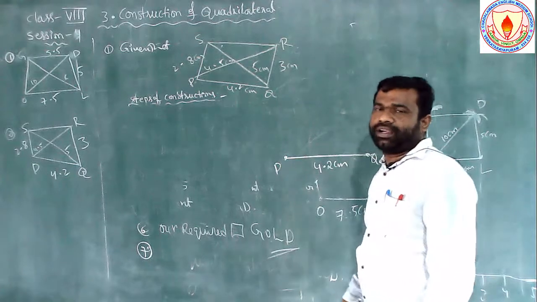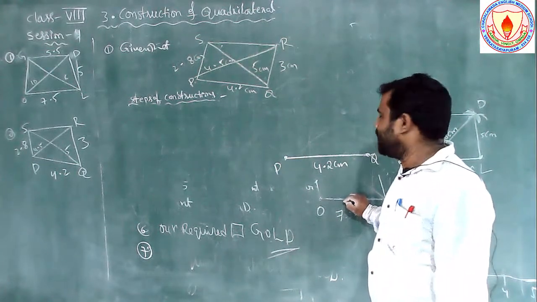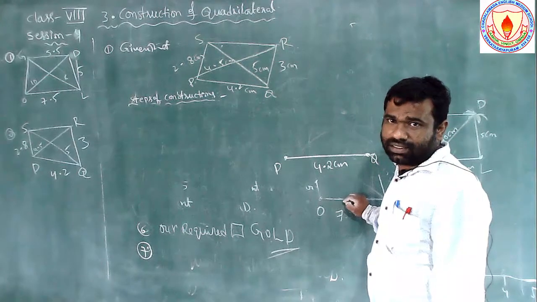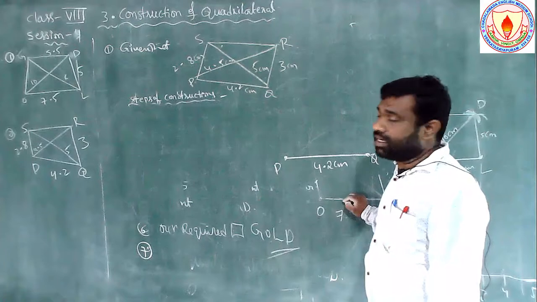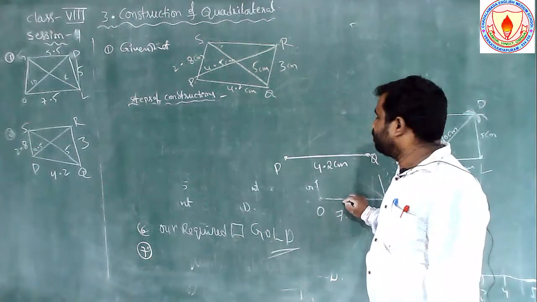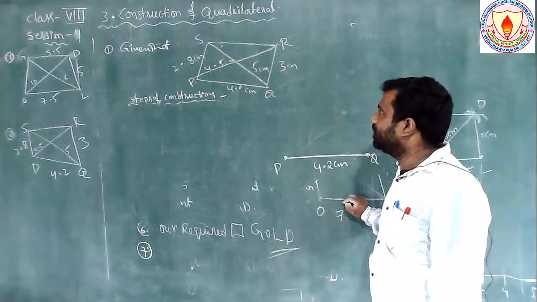First point: draw PQ as a 4.2 centimeters line segment. Yes or no? That is the first point.